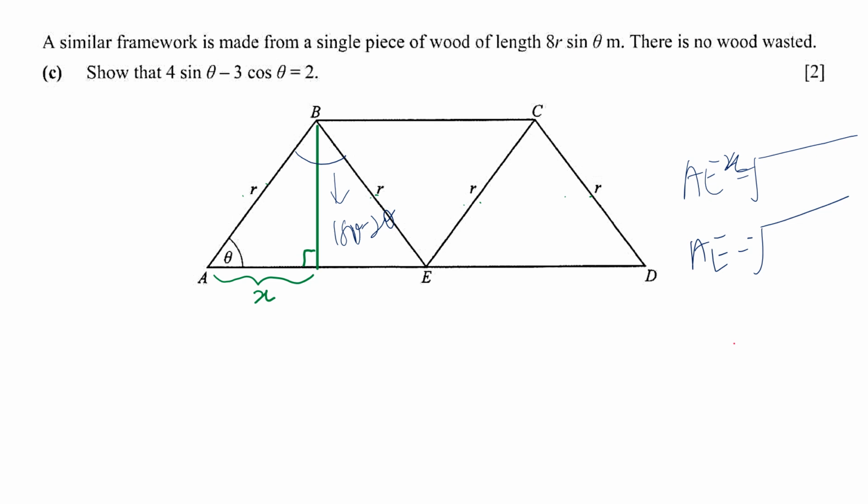It doesn't give you the answer that you want. The answer you want is in terms of 8r sine theta. That means it's not a double angle, it's just sine theta. So that gives an idea that we will not be using 180 minus 2 theta.